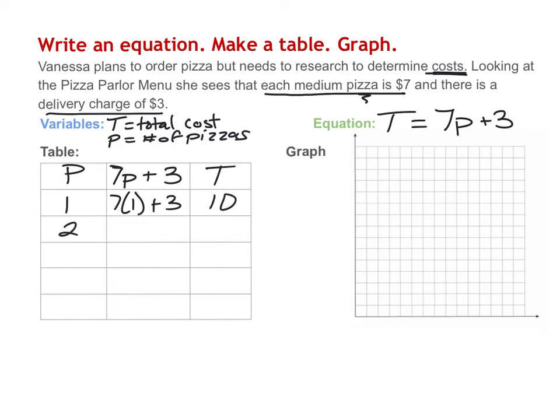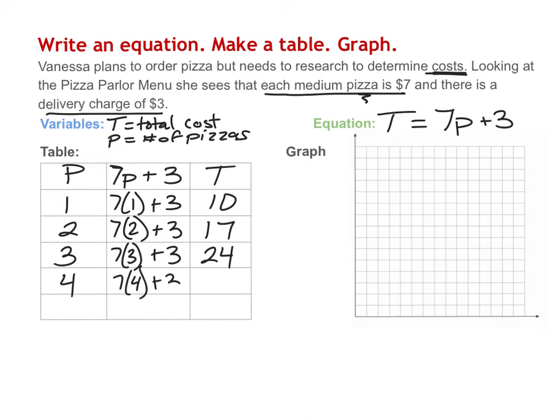If I buy two pizzas, or Vanessa, I'm Vanessa today, 7 times 2 is 14 plus 3, she'll pay $17. 3 pizzas, 3 times 7 is 21, plus 3, she'll spend a total of $24. 4 pizzas, it's $28, plus 3, she'll spend $31. And then 5 pizzas delivered, she'll do 7 times 5, $35 on pizza, plus a $3 delivery charge for $38.